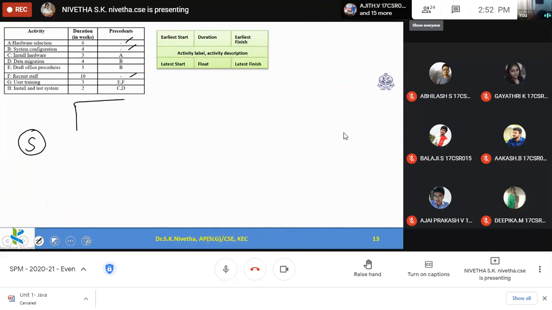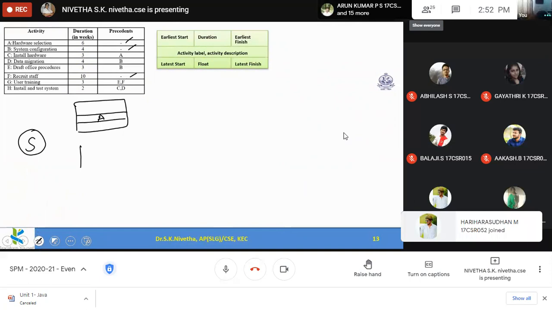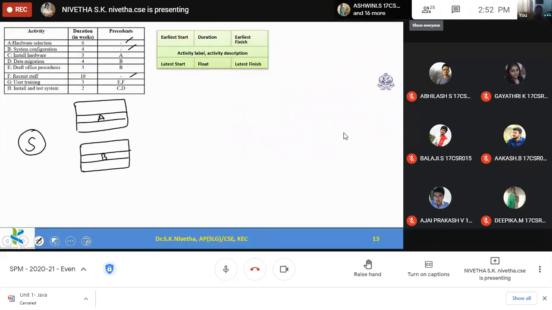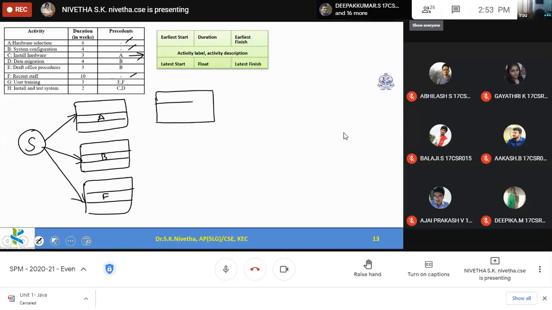So I am drawing A, B, and F. They are linked to start. After A is over, I can start C. So I am drawing C. After B, D and E can start.